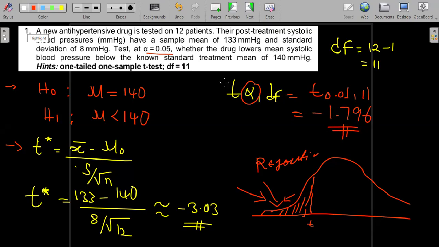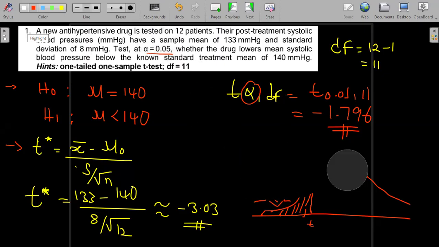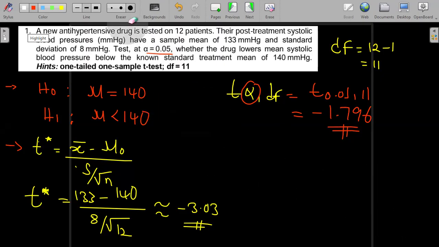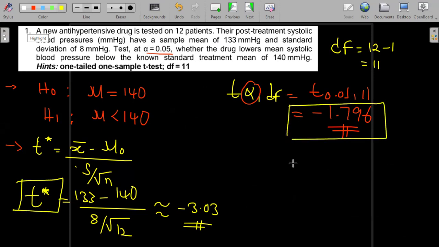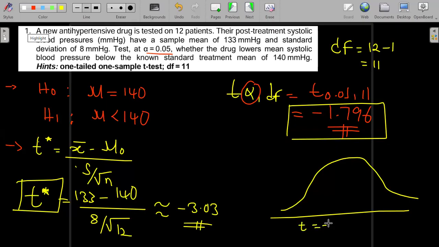So now, for us to reject or fail to reject the null hypothesis, we have to compare this t calculated to the t at the critical value. Remember the shape is like this, so t equals minus 1.796. The rejection region is this one here.